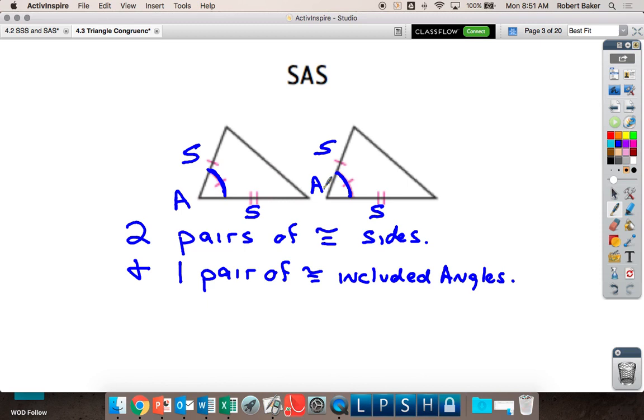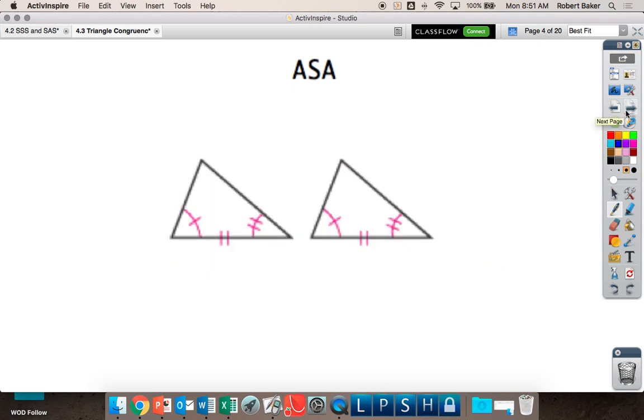We'll do the opposite of side angle side, which is angle side angle. Can you guess what angle side angle means? 2 pairs of congruent angles.